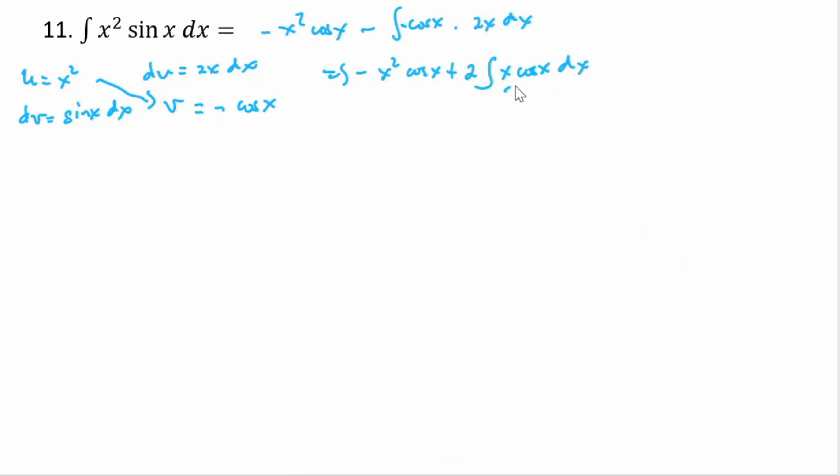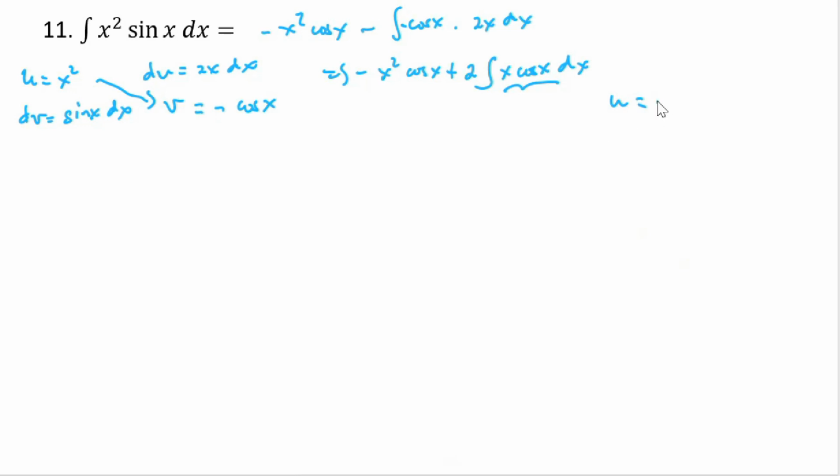So in this case, we're going to solve again by using the integration by parts. So for now, what I'm trying to solve here is the second term, which is the integral of x cosine x dx. So I will solve for the second time using the integration by parts.